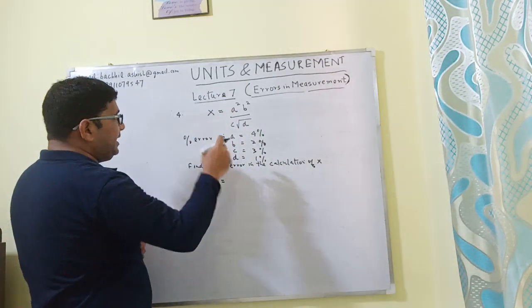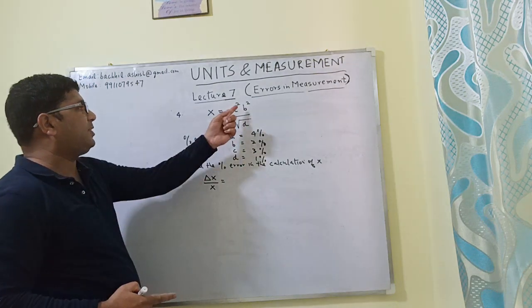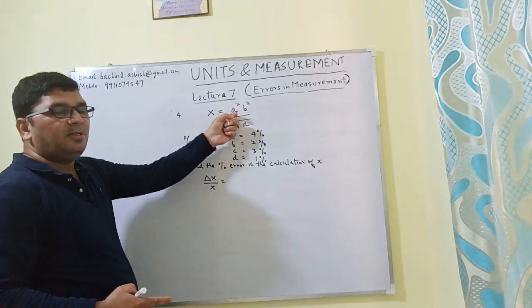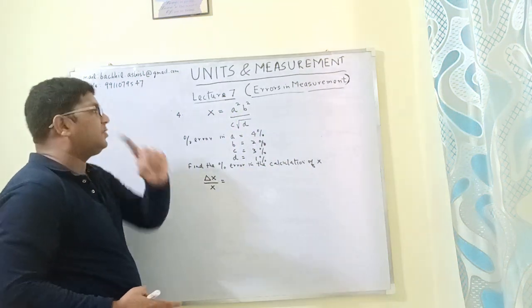But here whenever we are getting any physical quantity which has a power, for example here a square, as per the rule, a square means that we have multiplied a 2 times.